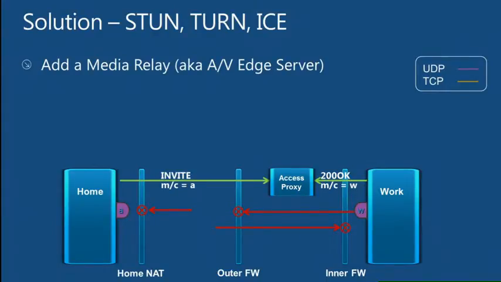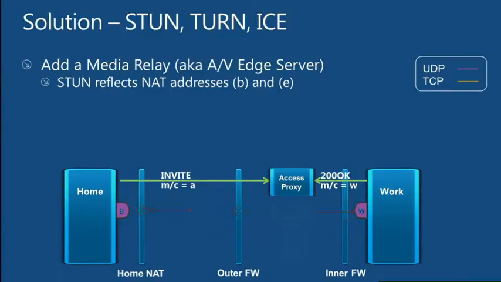The first thing we are going to do is introduce a media relay. The media relay, well, it's basically the AV Edge server. And the AV Edge server now has two functions. The first one is the STUN that helps me to discover a reflexive address. So we have here the STUN server, and now my home user, before we establish the call, will send a packet to the Edge server, and then the Edge server will discover my public IP address and tell me my public IP address.